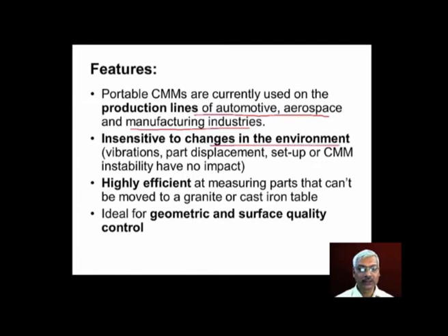That means the vibrations of the workpiece because of nearby installations, part displacement, and setup or CMM instability have no impact on the measurement. These portable CMMs are highly efficient at measuring parts that can't be moved to a granite or cast iron table. They are very much ideal for geometric and surface quality control.